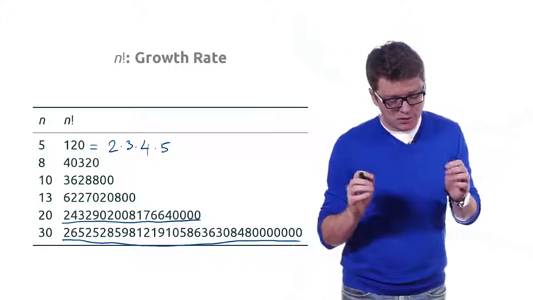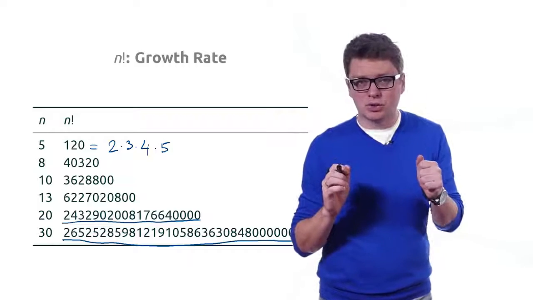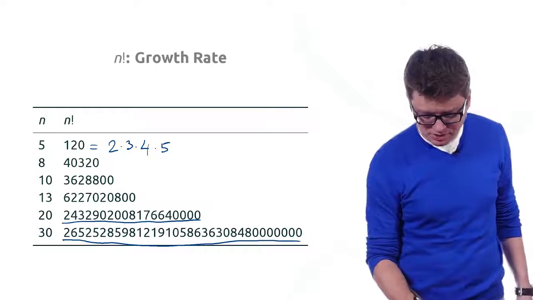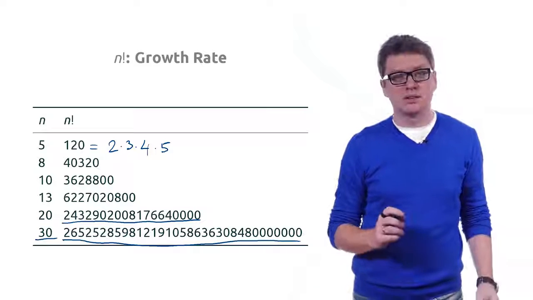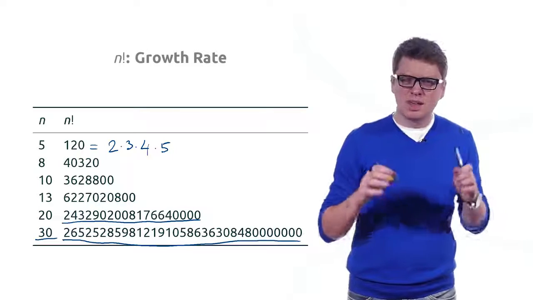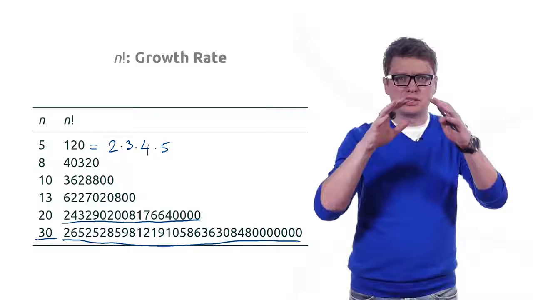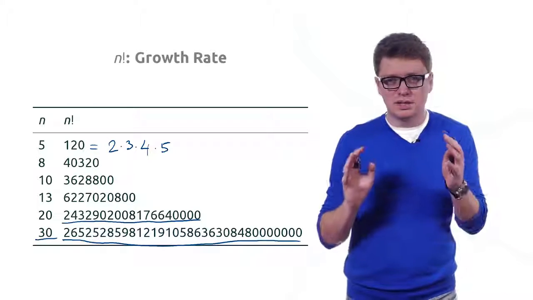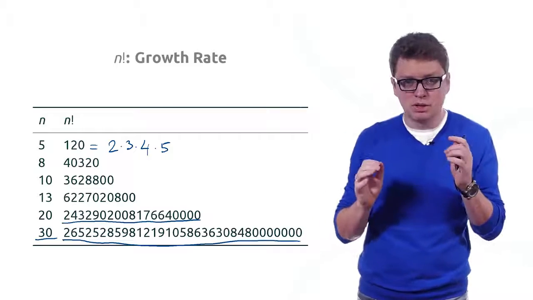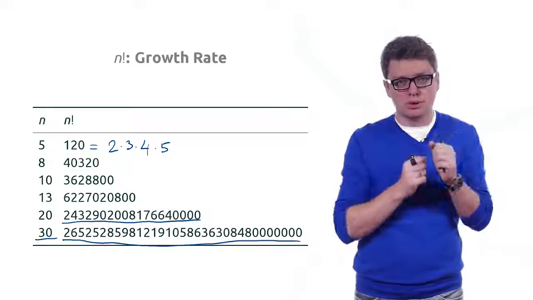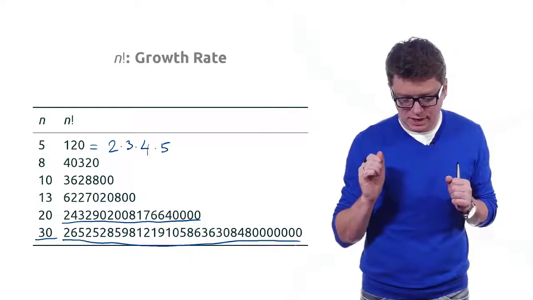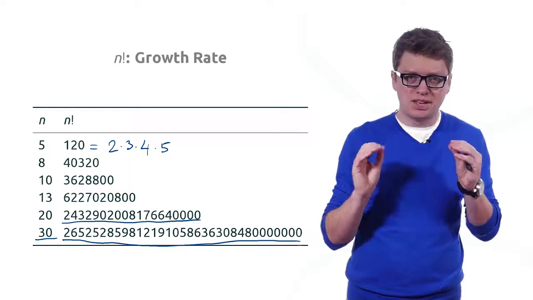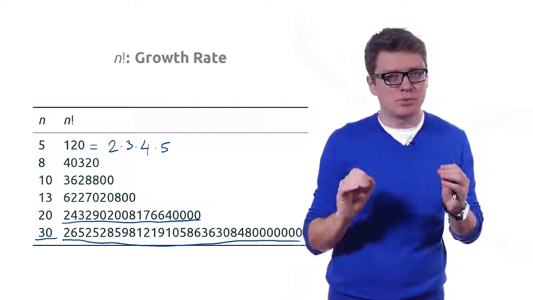So an algorithm working for n factorial operations is not going to be practical even for n equal to 30, unfortunately. This also tells us that the search space in case of the traveling salesman problem is huge. It is impossible to explore the whole search space to find the best solution. So this tells us that we definitely need some smarter approaches.